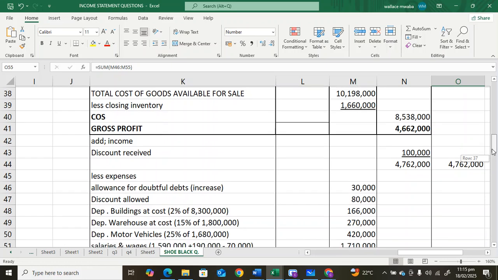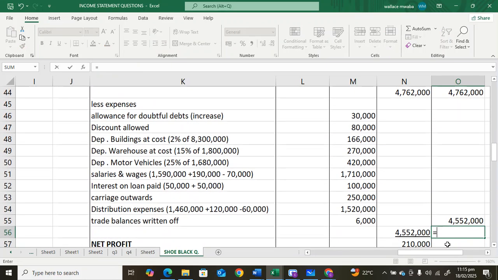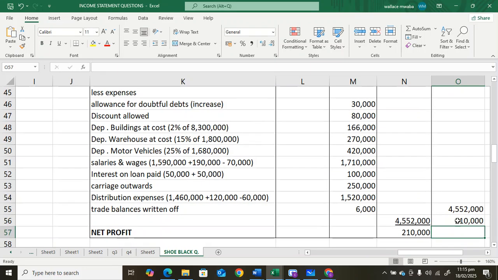And then to get your net profit, it's your gross profit minus your operational expenses, and you get 210,000.